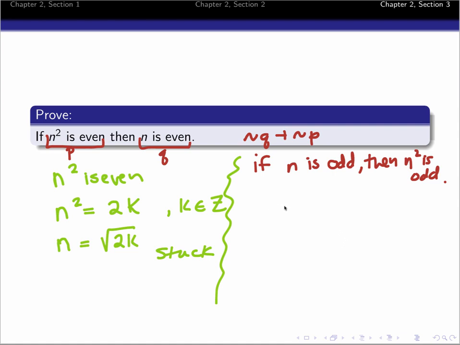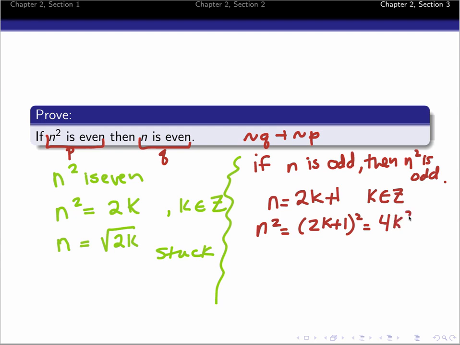So let's try the direct proof on the contrapositive. So if n is odd, that means n can be written as 2k plus 1, so basically an even plus 1, where k is an integer. And then if I square both sides, I get (2k plus 1) squared, and I FOIL that out, I get 4k squared plus 4k plus 1. And right now, is that odd or even? I'm not sure.